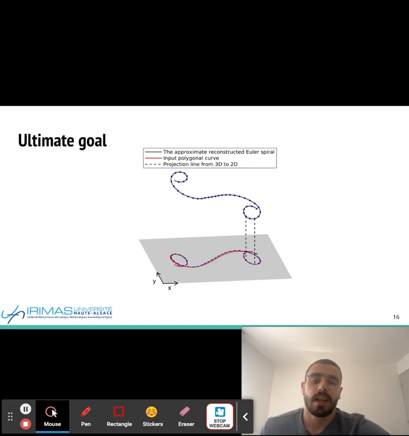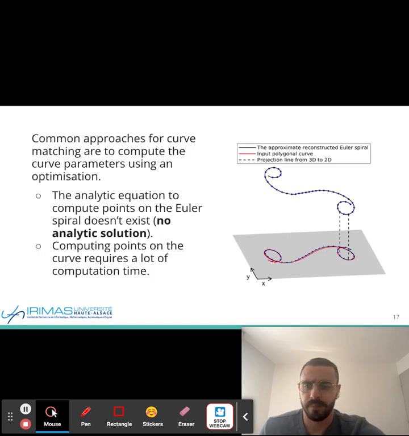So, coming back to our work, the ultimate goal of our approach is that when we have an input curve which is a part of an Euler spiral, like this red one, we should be able to do its reconstruction into 3D. Usually the common approaches for curve matching are to compute the curve parameters using an optimization algorithm.